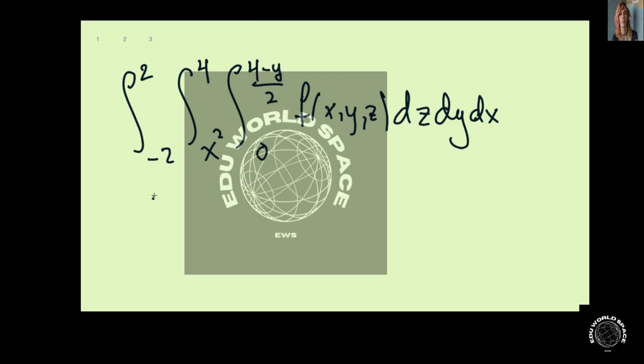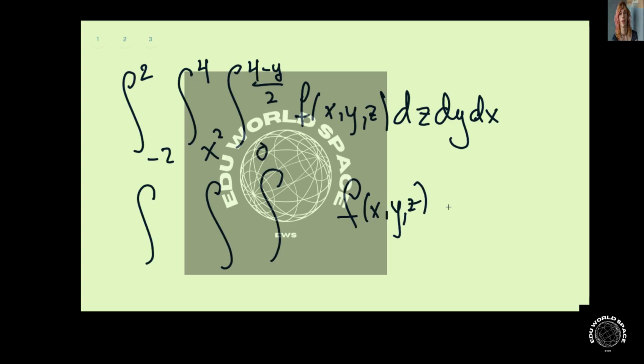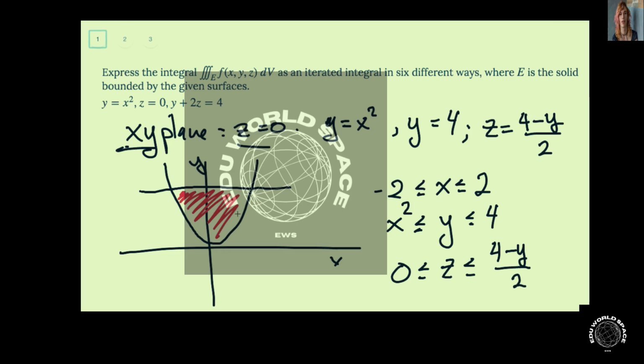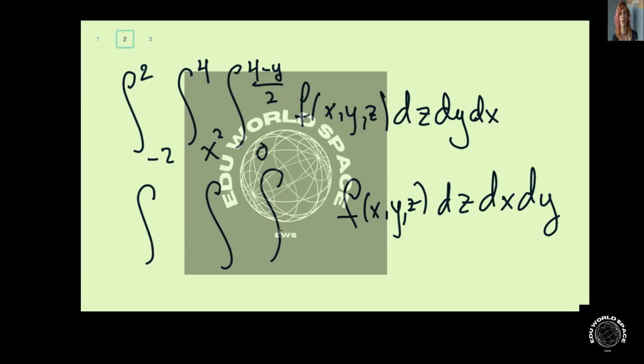Okay. Now, treating this region as region 2, we've got dz, dx, dy. So integrating with respect to x first, we see that our y bounds are going from 0 to 4. Okay. So we know our y bounds are 0 to 4.